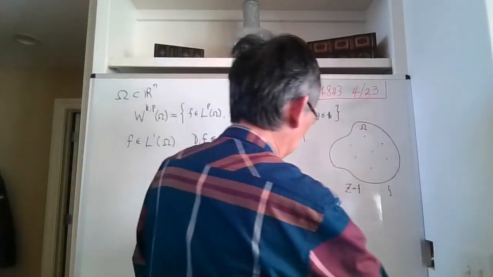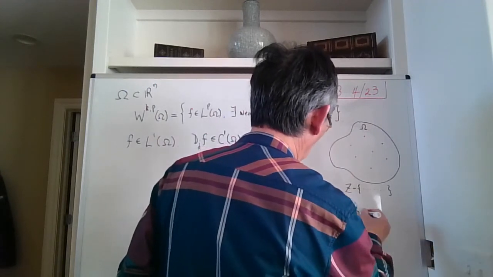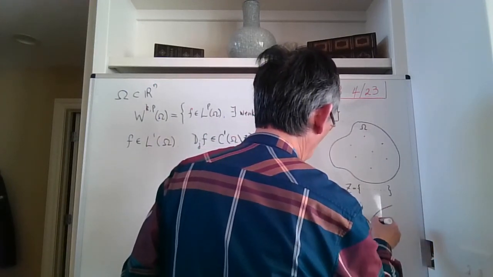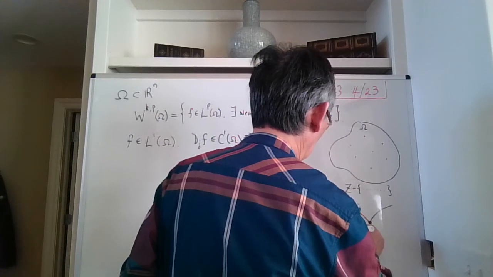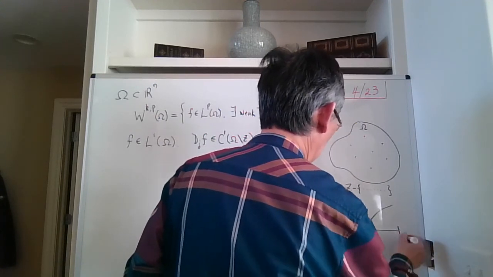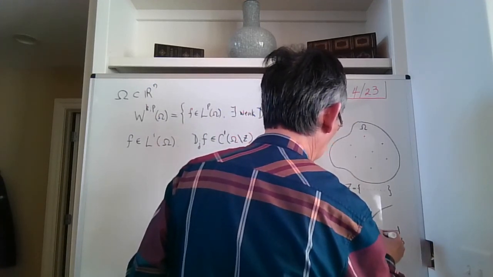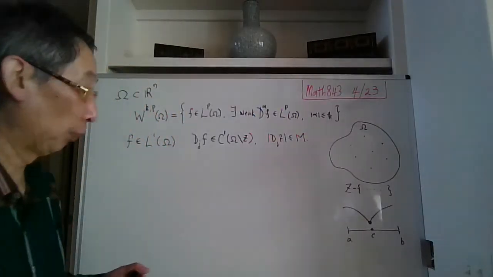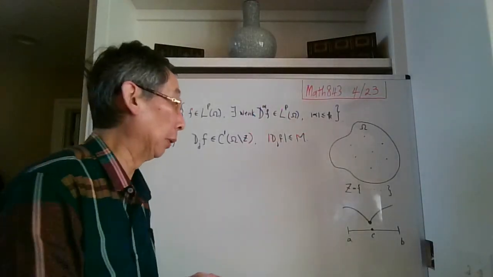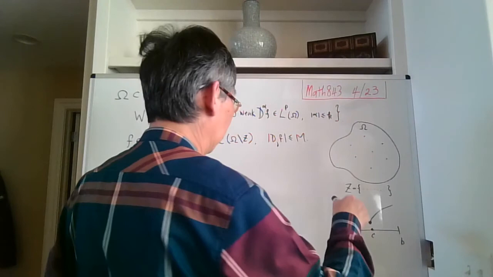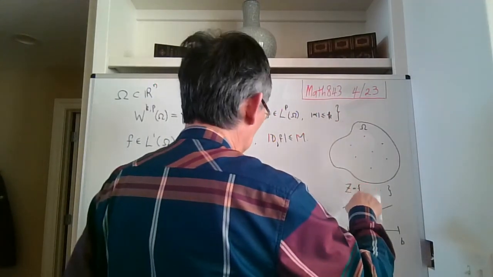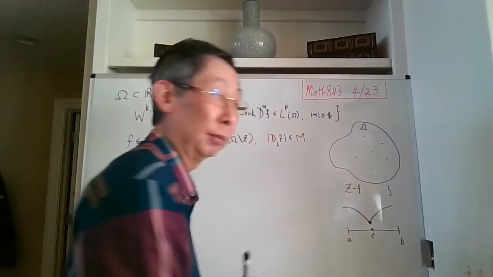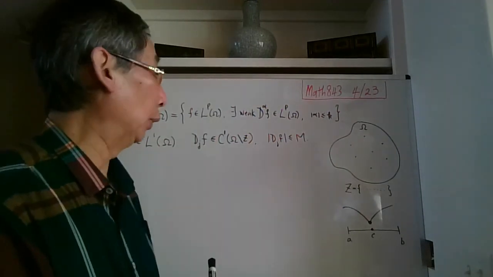Remember we talked about a corner point inside the domain (a, b). It's just like this situation, and the function is still differentiable. In the one-dimensional case, the same argument can be used even if you have several corner points, that's fine.